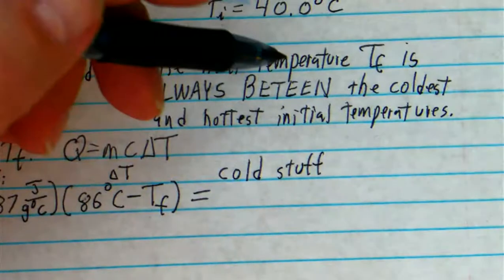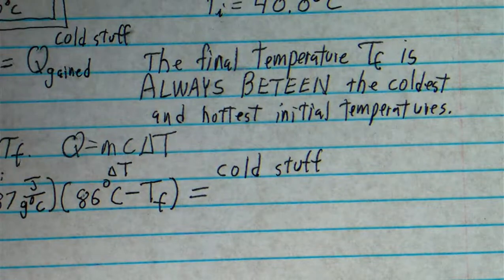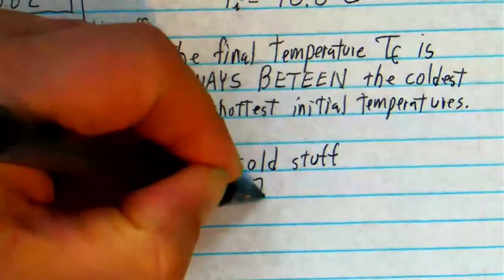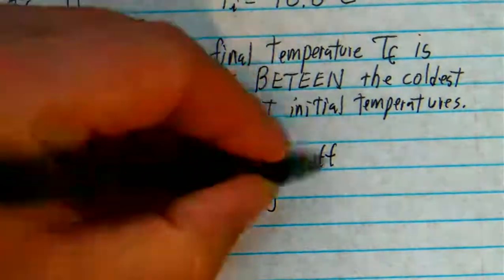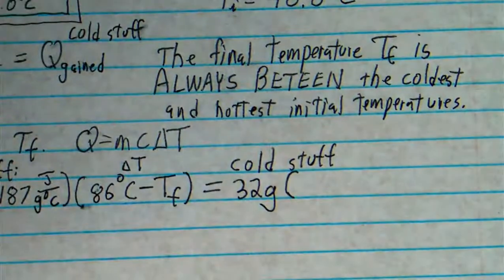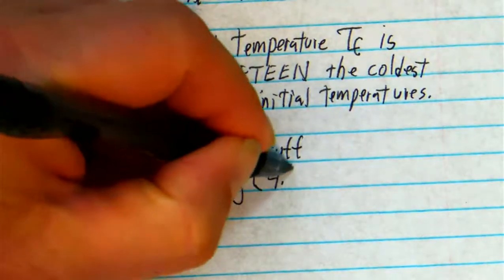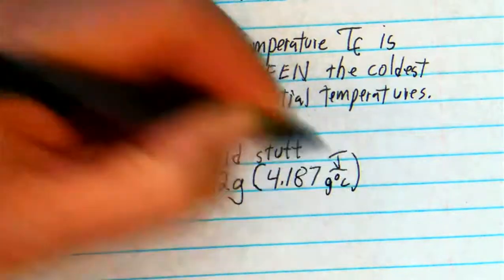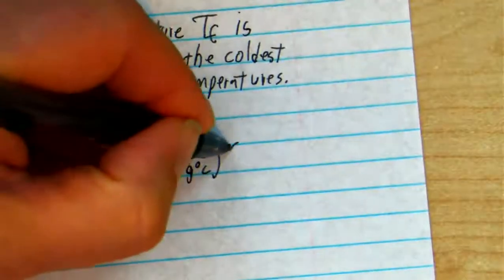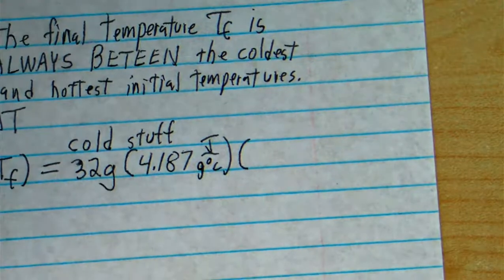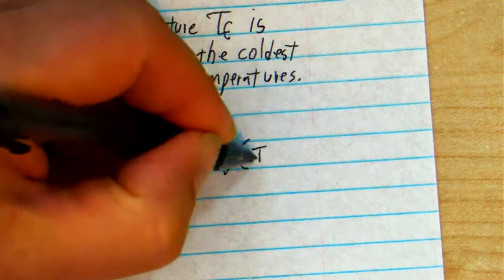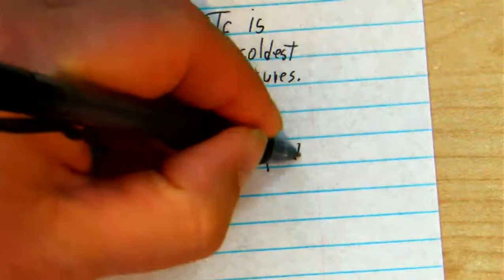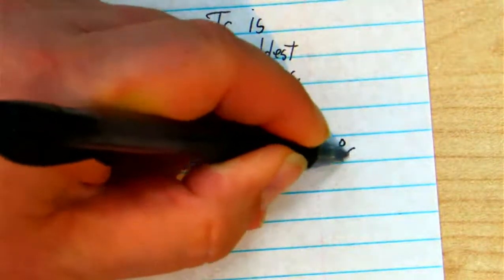For the cold stuff, it's going to be the mass of the cold water, which was 32 grams, times the specific heat of liquid water, which is 4.187 joules per gram per degree Celsius, times, open parentheses, the final temperature of the water minus 40 degrees Celsius.